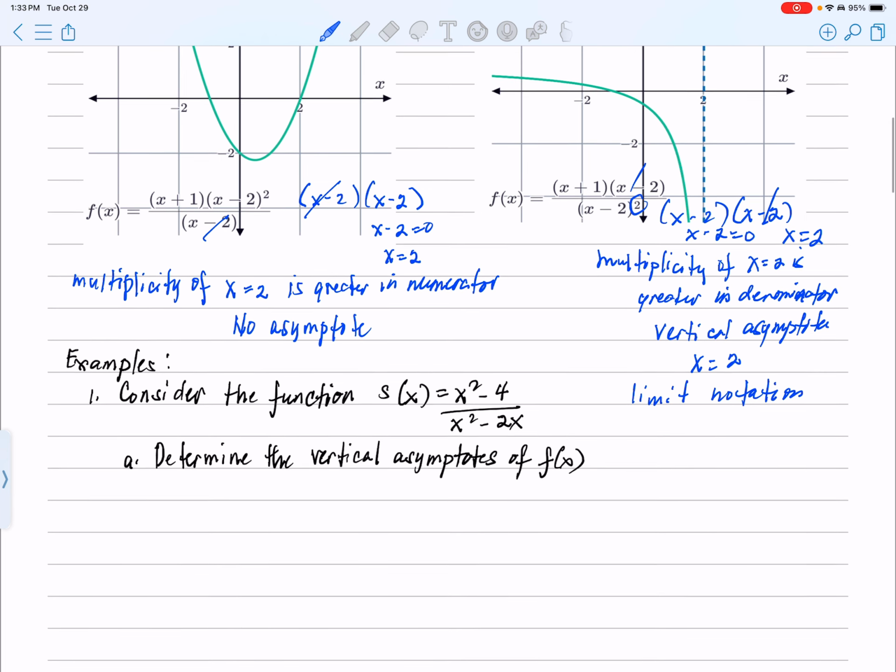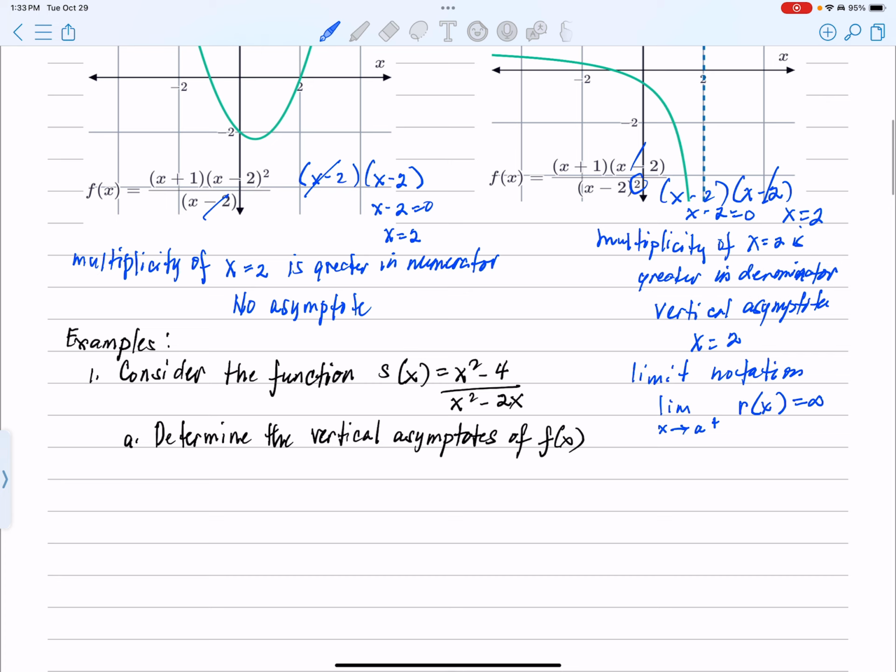We can have the limit as x approaches a from the right is positive or negative infinity, or the limit as x approaches a from the left.